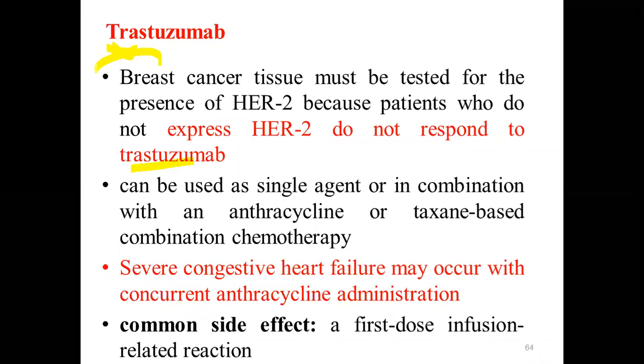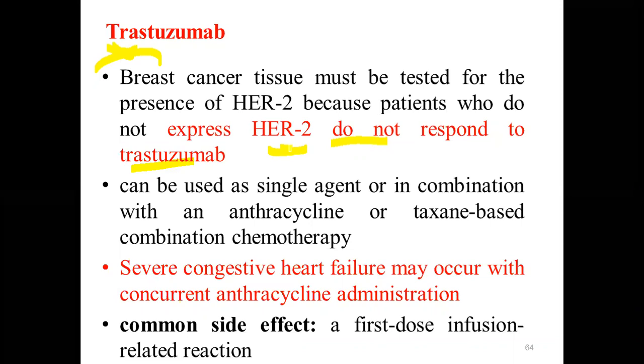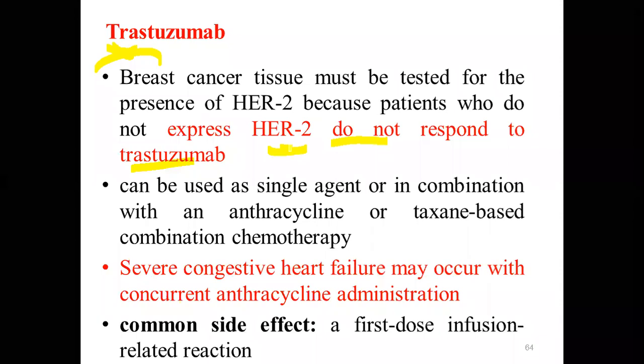Okay, so because of that, if the patient is not HER2 positive, they don't respond to trastuzumab. So that is why without knowing this, it is very hard to initiate trastuzumab.